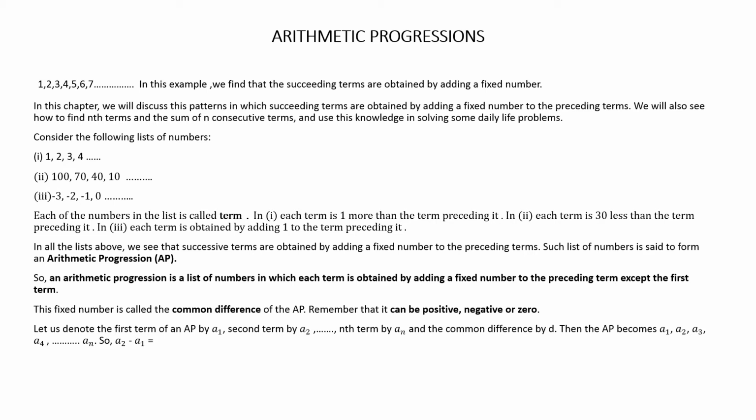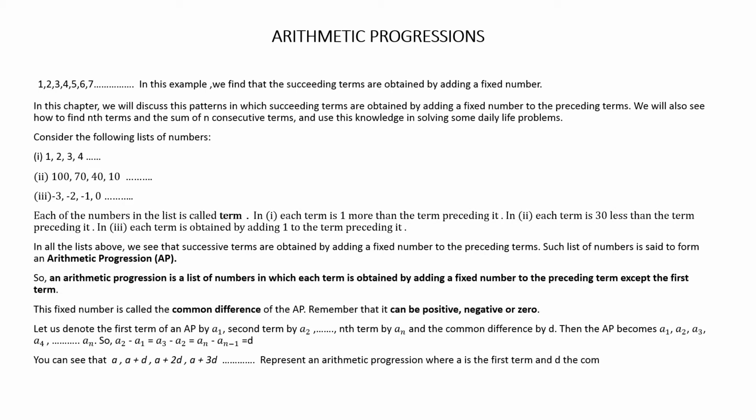So a2 minus a1, that is second term minus first term. a3 minus a2, that is third term minus second term. In the same way, the difference between the last term and the second last term will always be equal to d. You can see that a, a plus d, a plus 2d, a plus 3d. All these represent an arithmetic progression where a is the first term and d the common difference. This is called the general form of an AP.